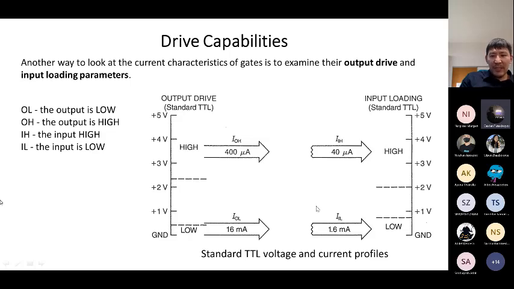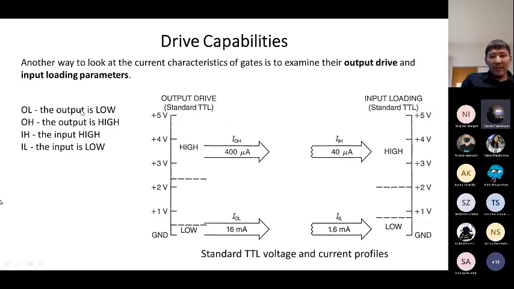There is also the input drive. Here you can see that when the input is low, the maximum we can have is 1.6 milliamperes. But when the input is high, the current is 40 microamperes.